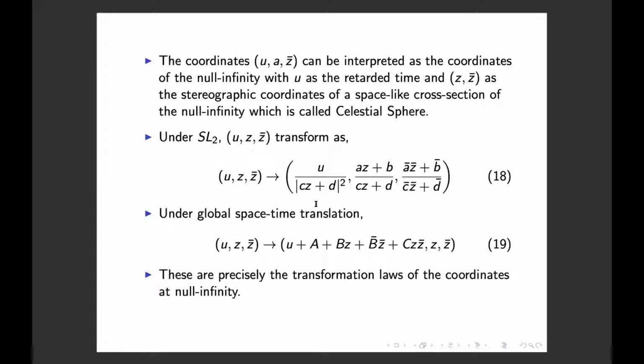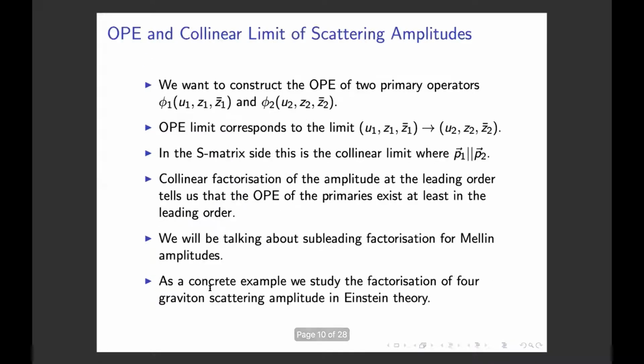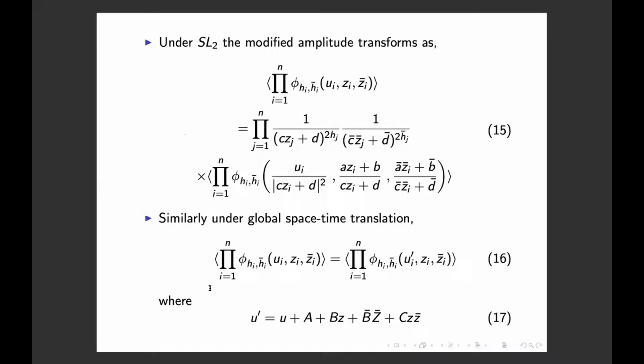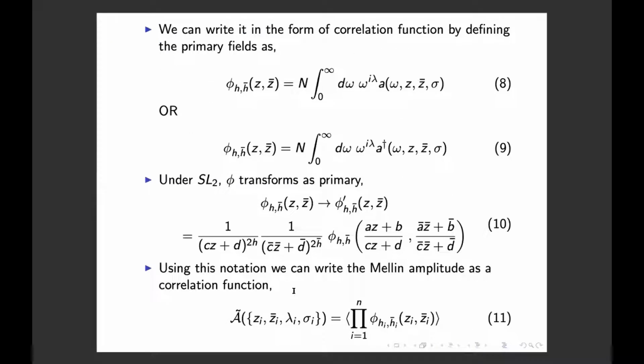Now these are precisely the transformation laws of the coordinates at null infinity. Okay, so now what we see is that, for example, if you don't have u, these a tilde, the amplitudes, transform like the correlation function of n primaries on the sphere.